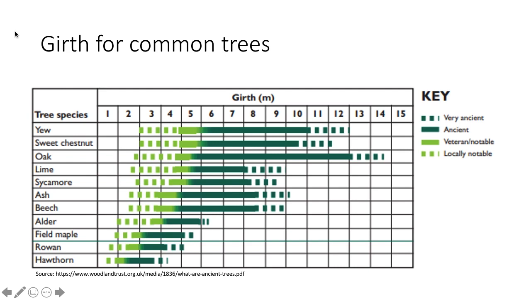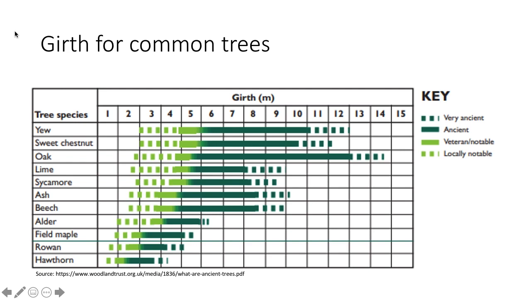So I thought this table sums up nicely a few of our very common species in the UK. And what you've got is the list of tree species along the left-hand column and the girth measurement in metres along the top.